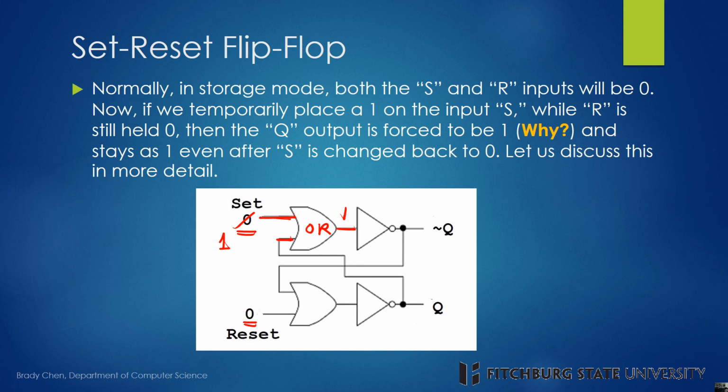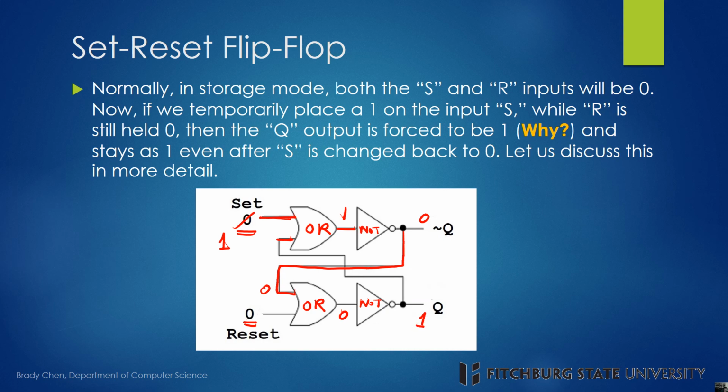Now this is the NOT gate, so its output should be 0, and this 0 is connected to the input of the other OR gate. Since the current reset input is 0, both inputs are 0 for the OR gate at the bottom, so the output should be 0, and because that's another NOT gate, the output should be 1.